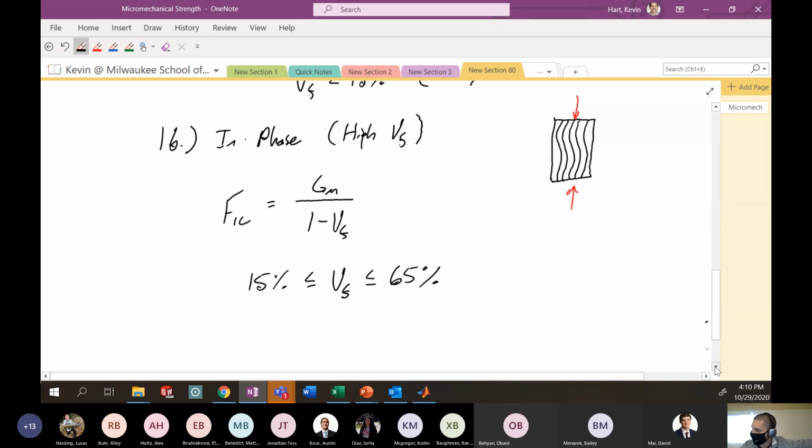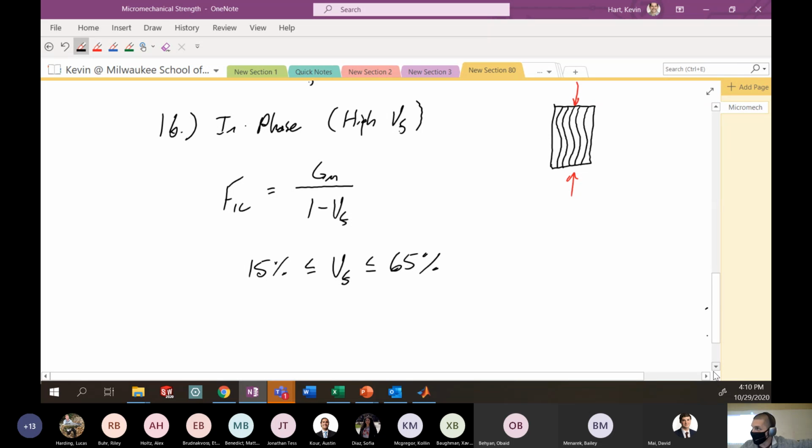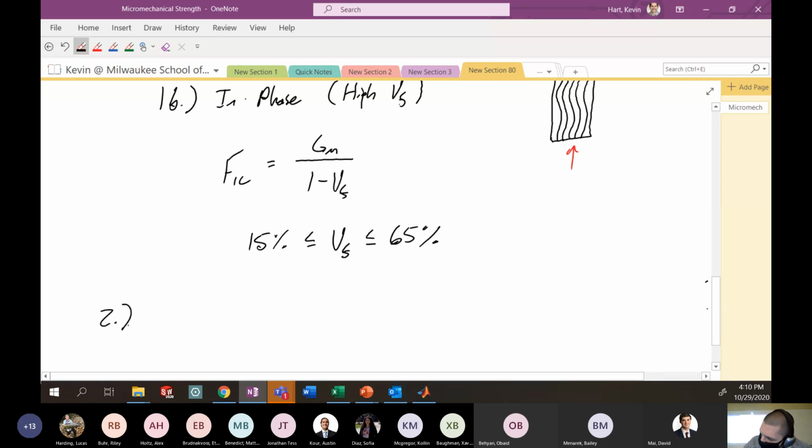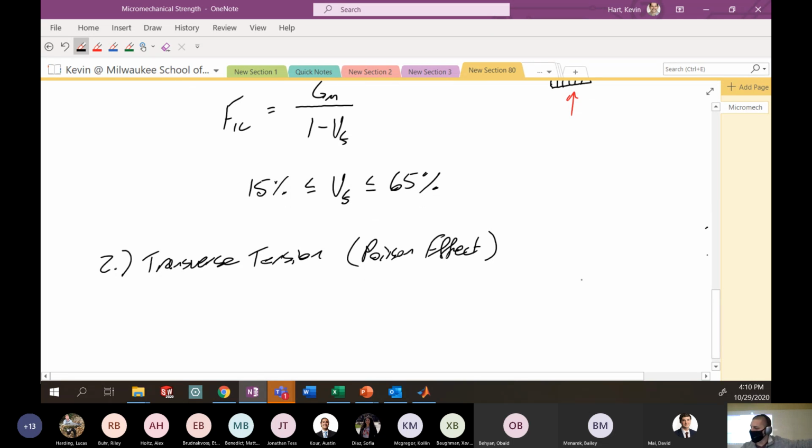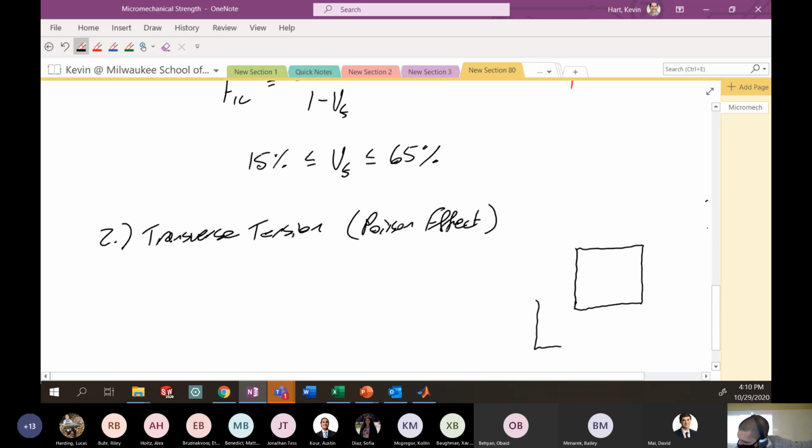The second way that we saw that we could fail in longitudinal compression was in transverse tension. This is the Poisson effect. If we're looking down the one direction, here's your 2-3 plane.